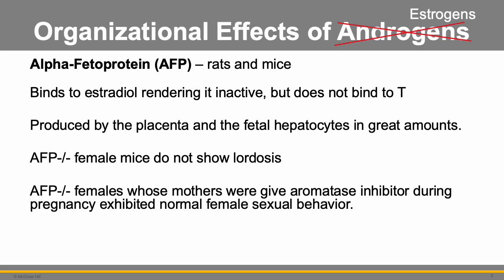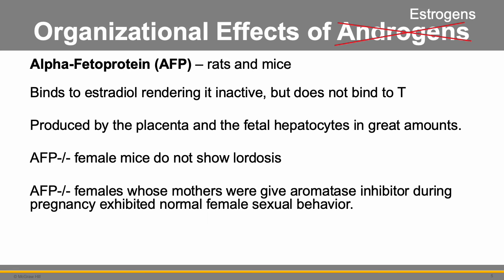The last step is you've synthesized testosterone from dihydrogen testosterone, and then from testosterone to estradiol via aromatase. So there's aromatase in the ovaries. You need aromatase if you want estradiol. If you give aromatase inhibitor, something that blocks this enzyme, then there's no way for the ovaries to make estradiol.